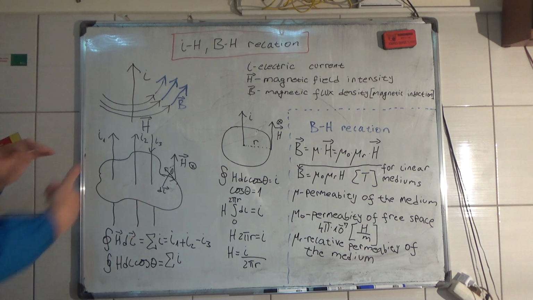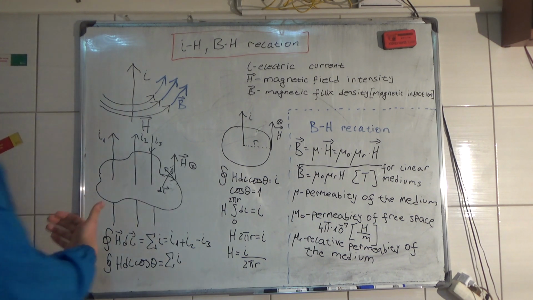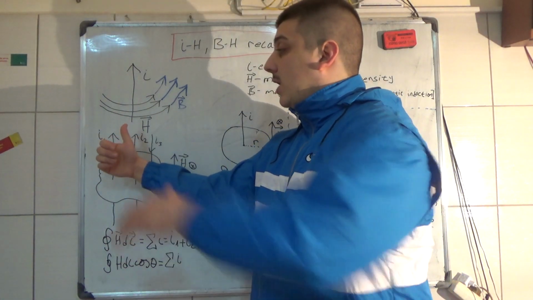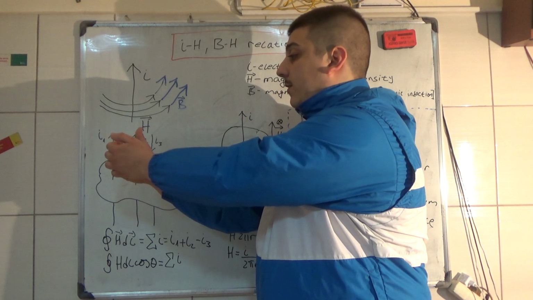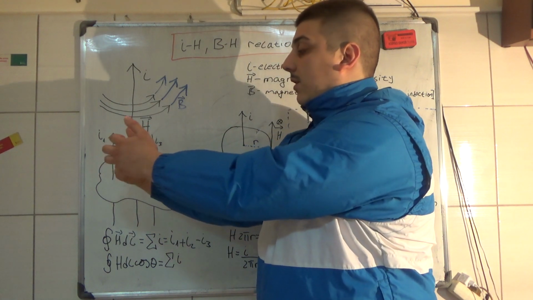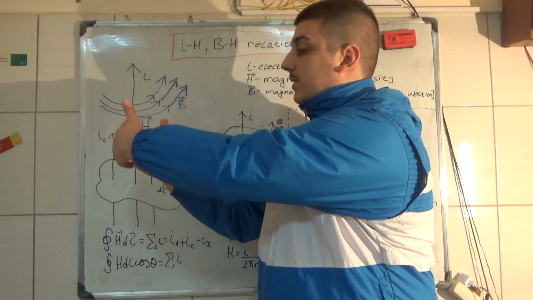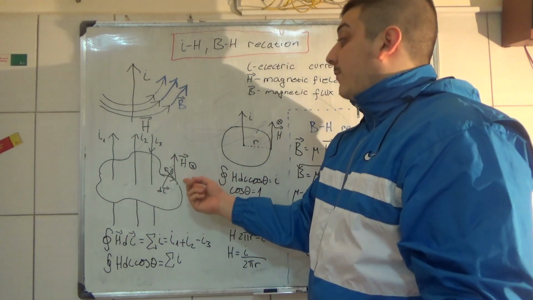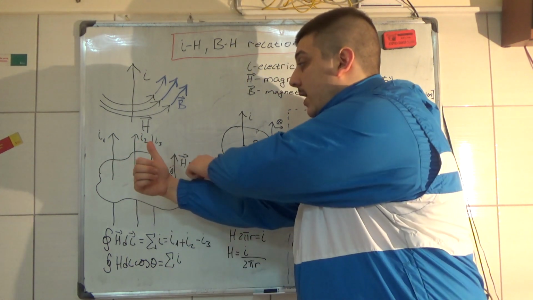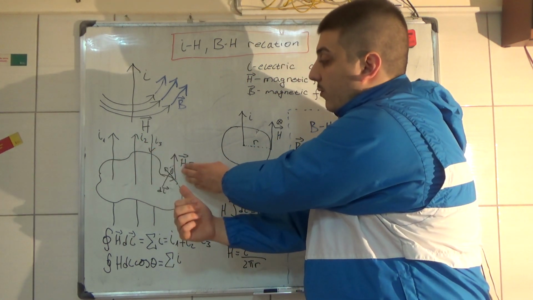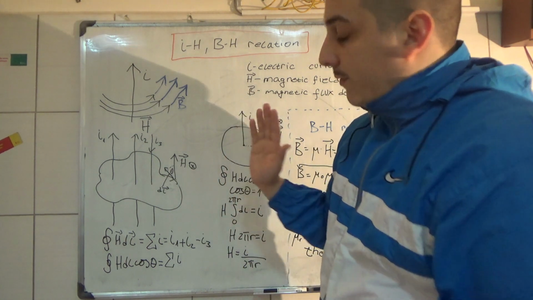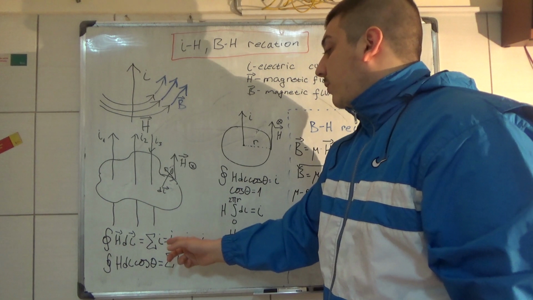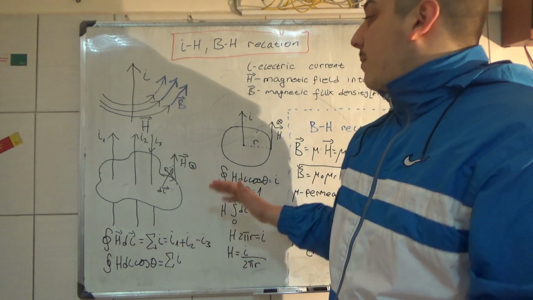Well, we take the right hand rule, and if the current is going like this, then the magnetic field is supposed to go in this direction, counterclockwise. If we assume that vector H is going towards the whiteboard, then we take the positive sign.